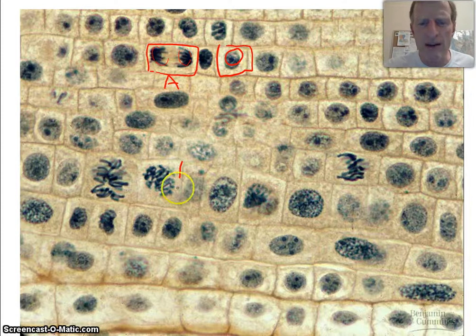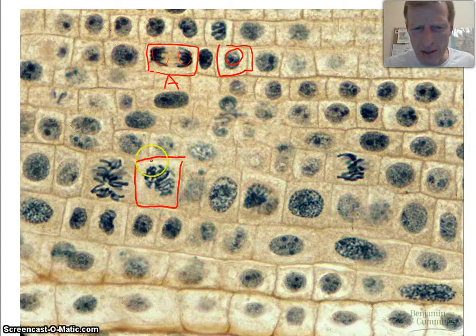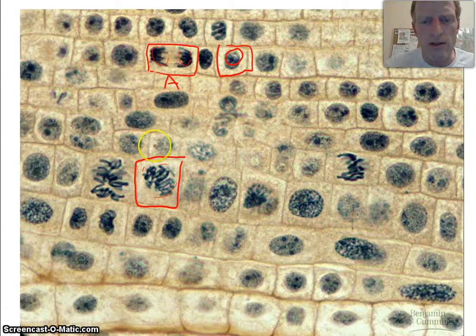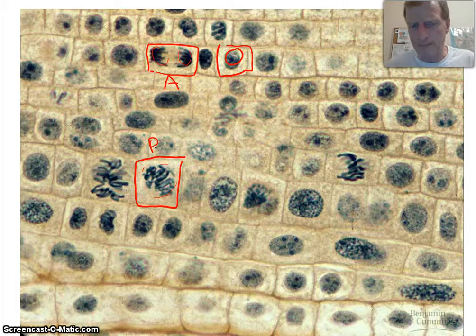If I look down here, I have a cell and can sort of see where the nucleus is, but the nucleus looks bigger. It's because the nucleus is actually sort of dissolving, and I see visible chromosomes in there. So this is obviously the first step of mitosis. It's called prophase, right? So prophase is where I see visible chromosomes, but I don't necessarily see them arranged in the center or being pulled away.